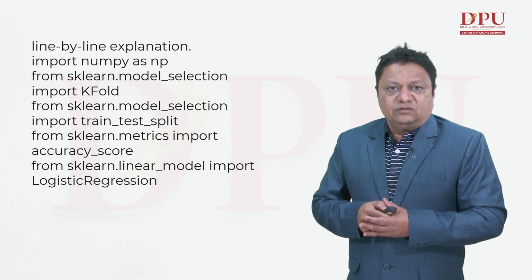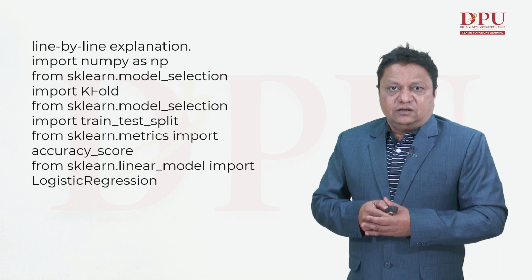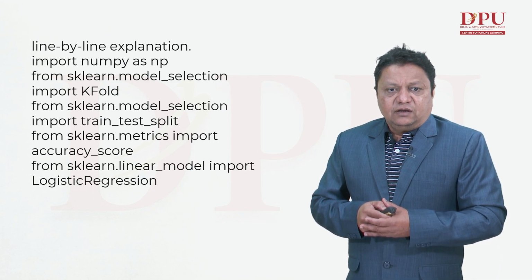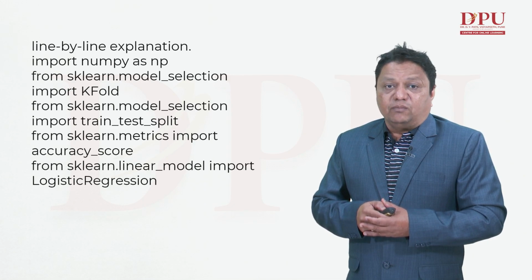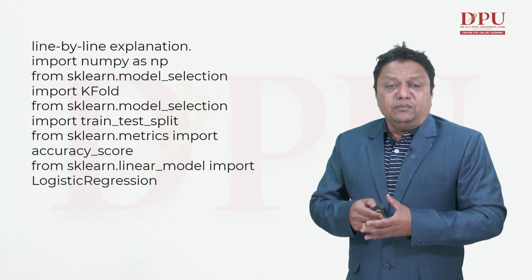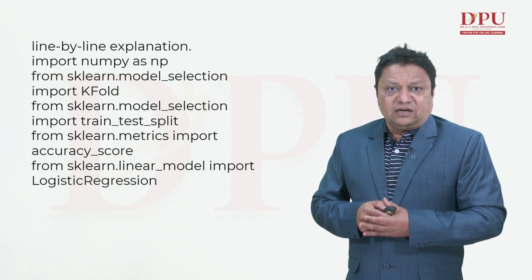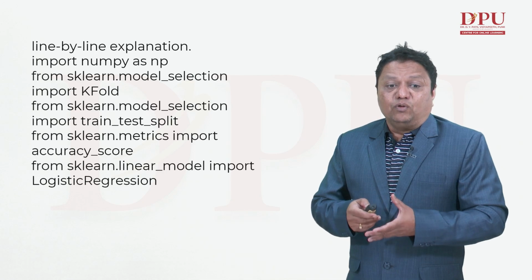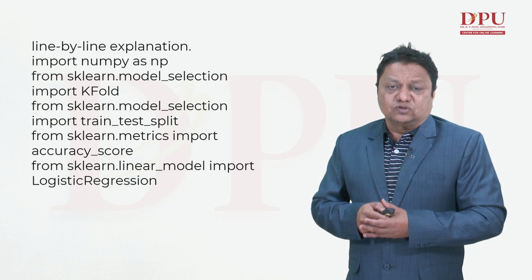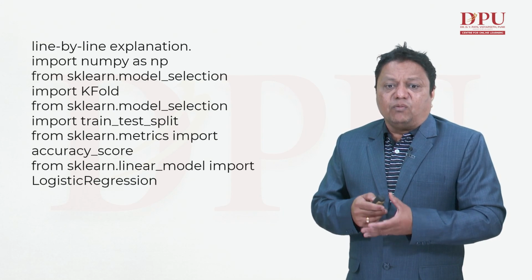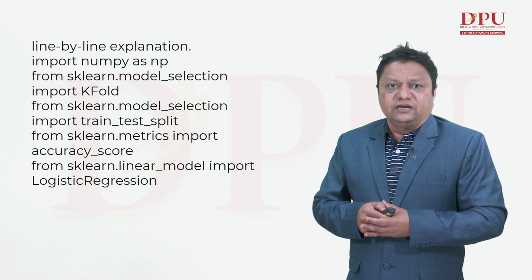So, now let us come down to the line by line explanation. The first few lines: import numpy as np, from sklearn.model_selection import KFold, from sklearn.model_selection import train_test_split, from sklearn.metrics import accuracy_score, from sklearn.linear_model import LogisticRegression.